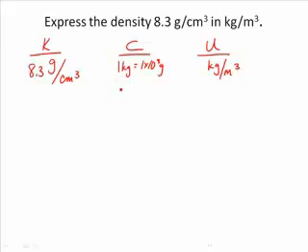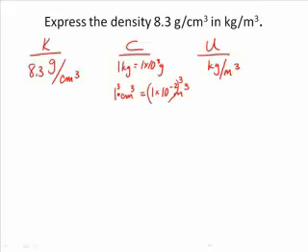Alright, the easiest way to do this is if you take the regular relationship between the units. So in other words, 1 centimeter is equal to 1 times 10 to the minus 2 meters. Okay, that's right off the table. Now, I can cube this unit as long as I also cube the number that goes with it.